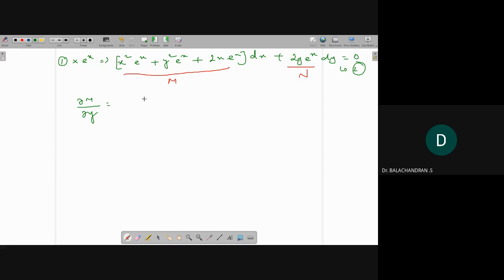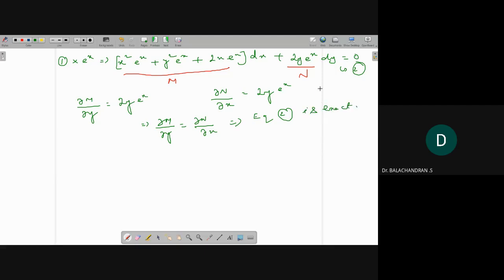Here you have a function of y, so 2y e^x. And ∂N/∂x is 2y into e^x. So you can see that ∂M/∂y is equal to ∂N/∂x. So this implies equation 2 is exact.